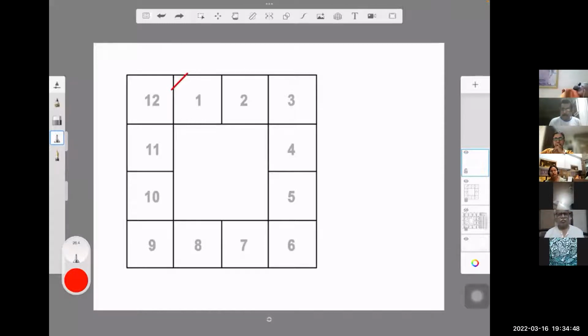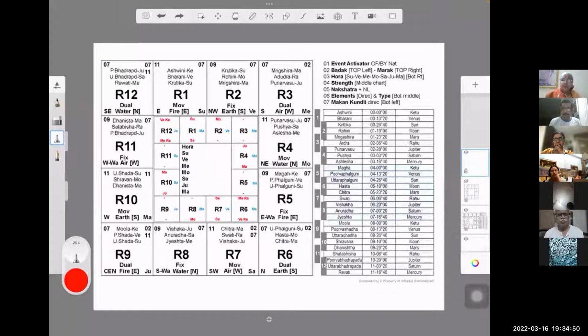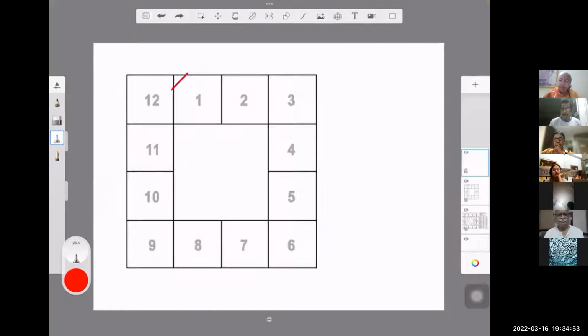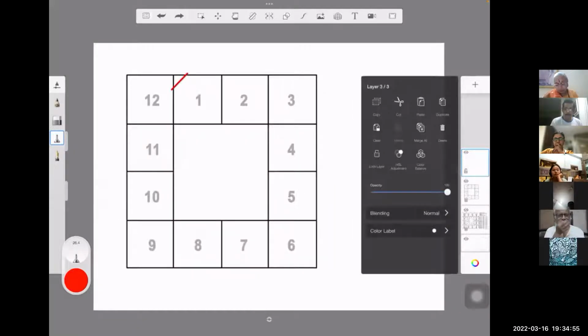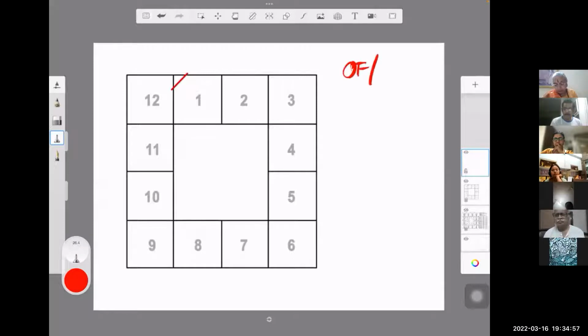Now, what we have said here is event activator of and by native. Just understand this.